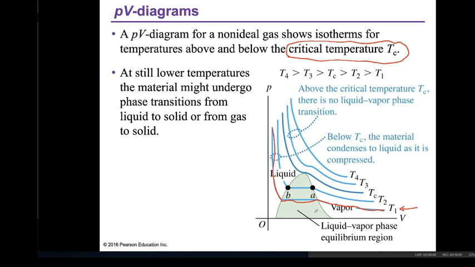So the green region is the mixture of liquid and vapor. So this is for T1. For a higher temperature, let's say T2, you have a similar curve like that. So the curve between A and B is a liquid-vapor phase equilibrium region, meaning you have some gas, you also have some liquid at this condition.